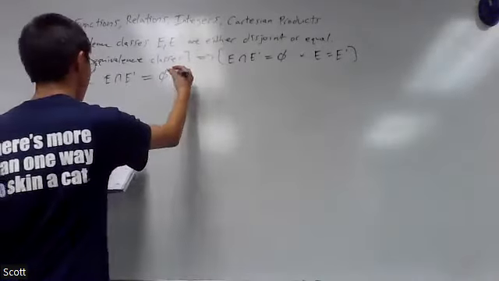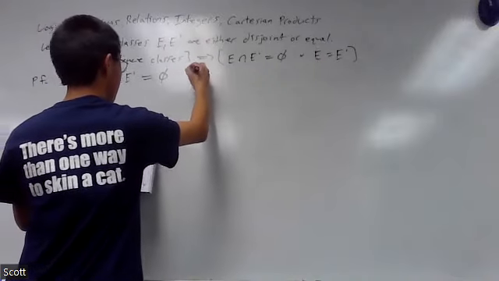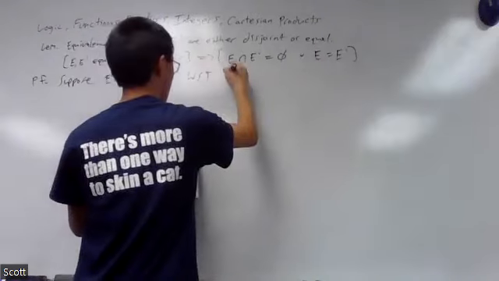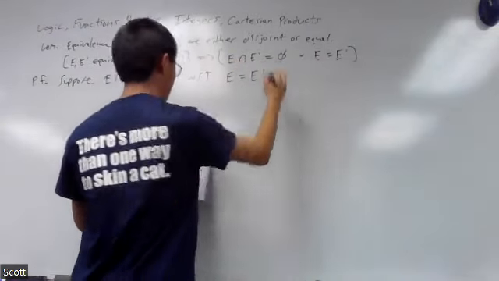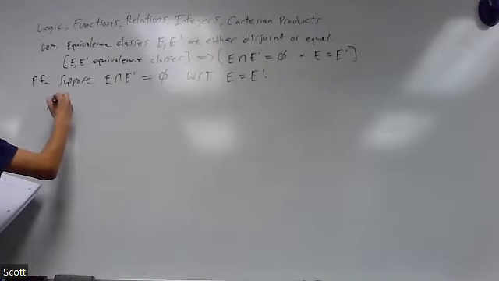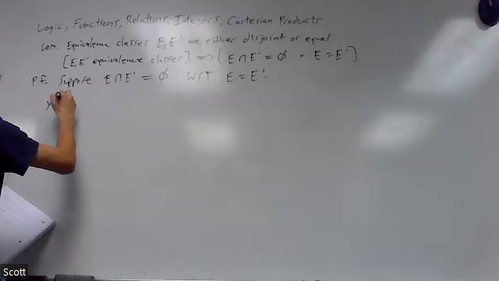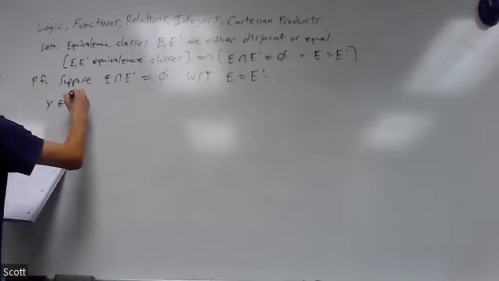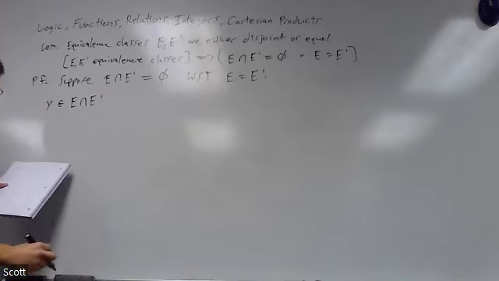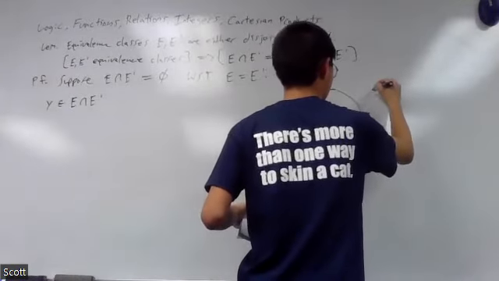From here we need to be able to show that E is E prime. So suppose Y is inside of this intersection. And I'll draw a picture over here as a reference for the outline of how this works.